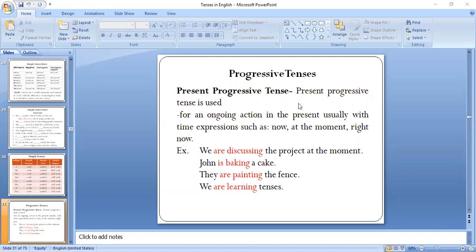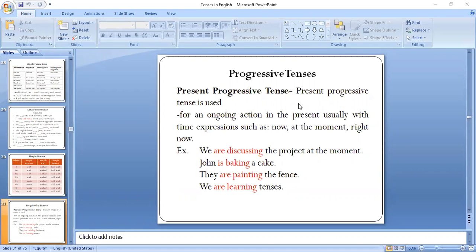The second example is John is baking a cake. Here baking is the continuous present verb we have used in this example. John is baking a cake.